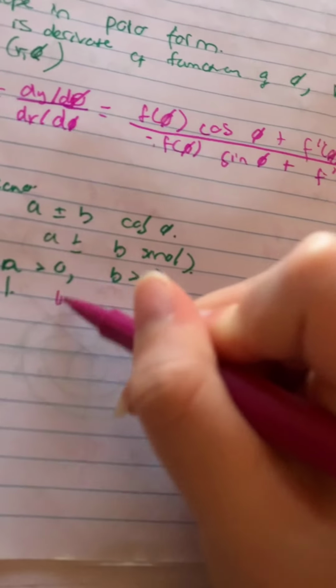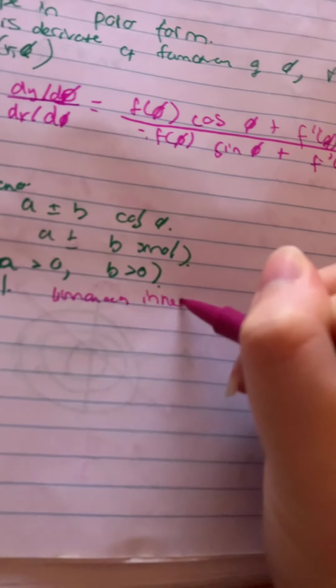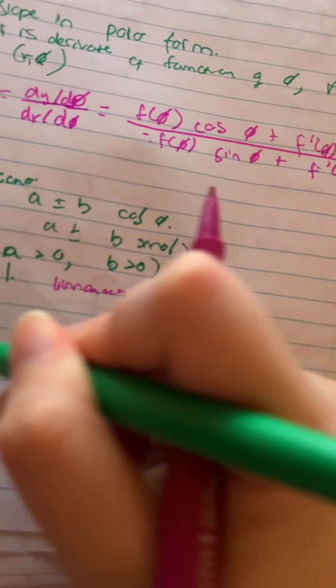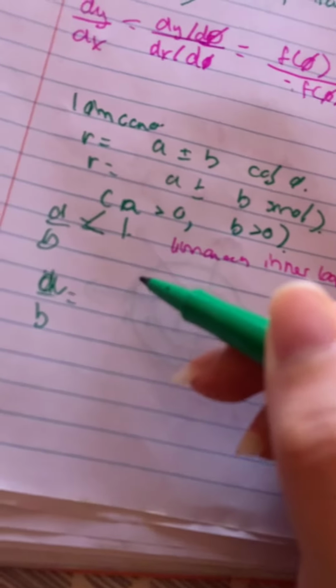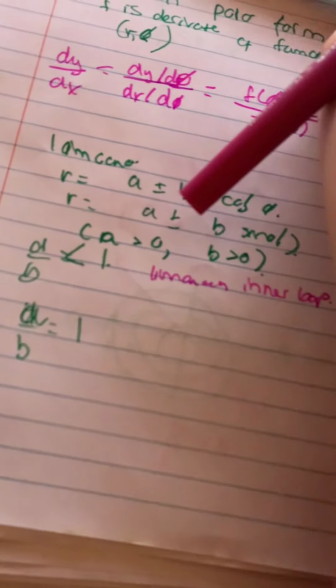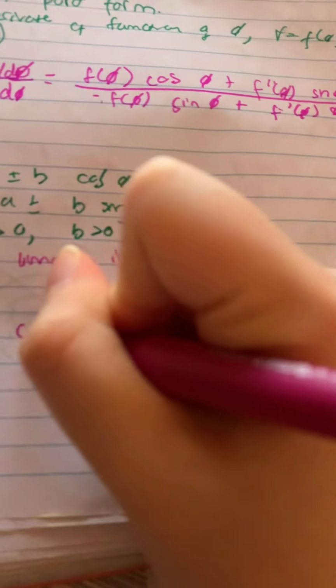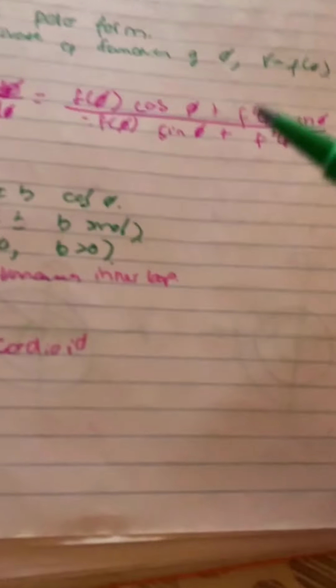So we have a limaçon with an inner loop. What if we have a over b equal to 1? This is where we have a cardioid, which is simply like a heart shape.